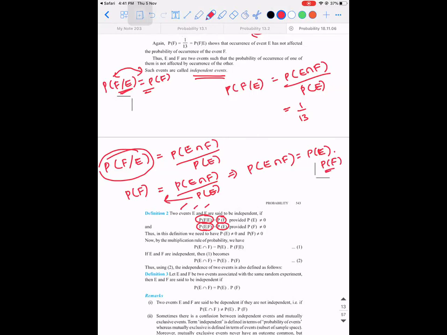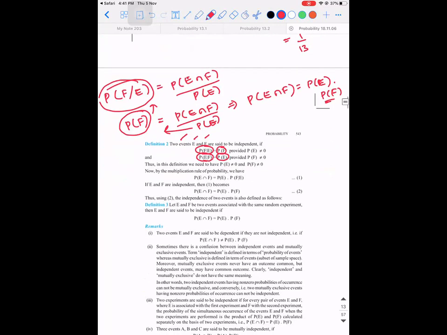So probability of E intersection F is equal to probability of E into probability of F, provided both events are independent. So for the events to be independent, what else is the other condition? The conditional probability of a particular event should be equal to its normal probability. Are you clear, guys?